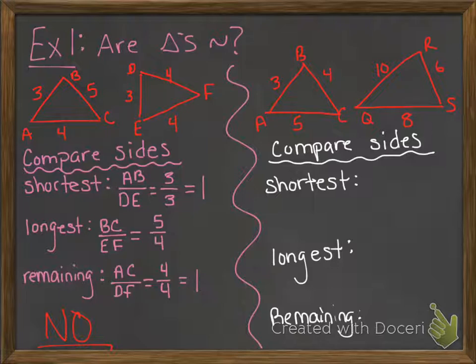What does that say? 3/6? It said AC over BC. Is that what you have? What did you write? Now AC, is that your biggest, longest, or middle side?